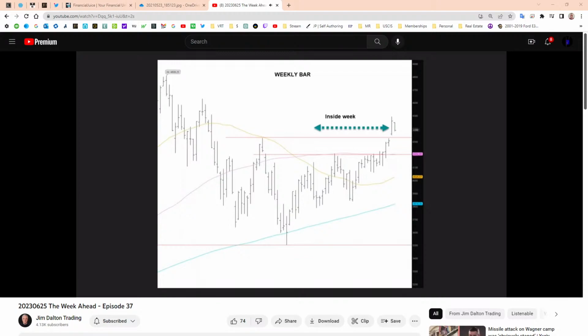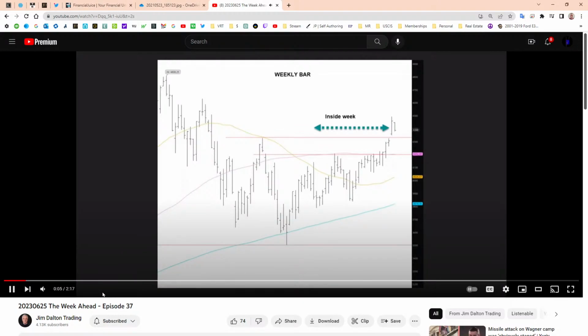One week certainly doesn't change the trend. However, an inside week is a form of balance. If the market begins to trade below last week's low, or comes out of balance to the downside, it greatly increases the odds that a more important correction is underway.